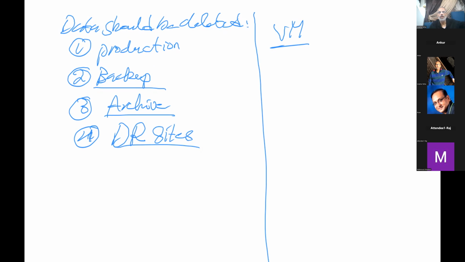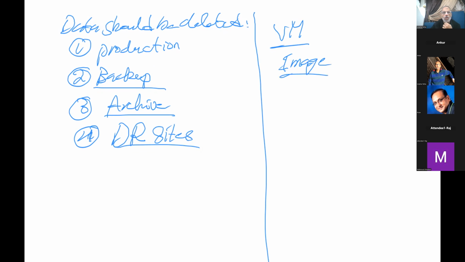Right. Then what is the tangible part of the VM? The VM, by the end of the day, is just an image file. It's an image. Nothing less, nothing more.